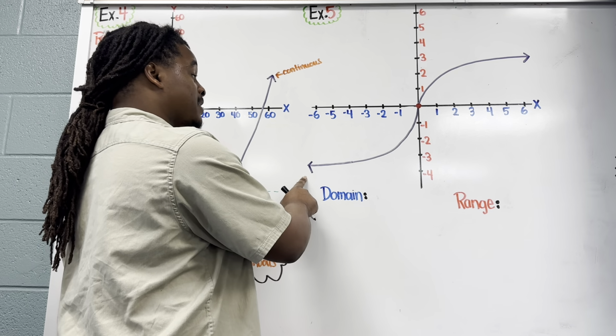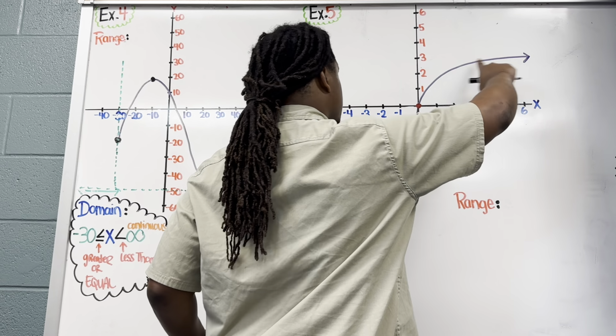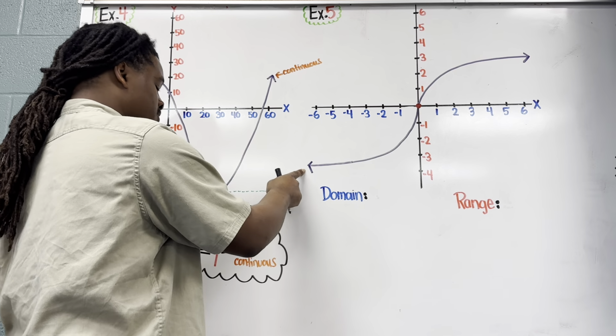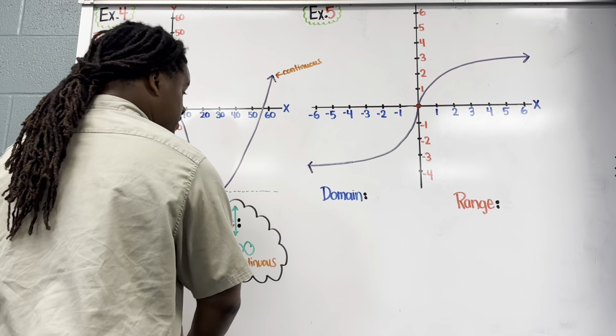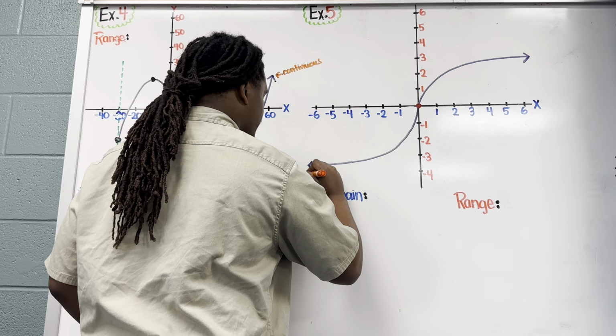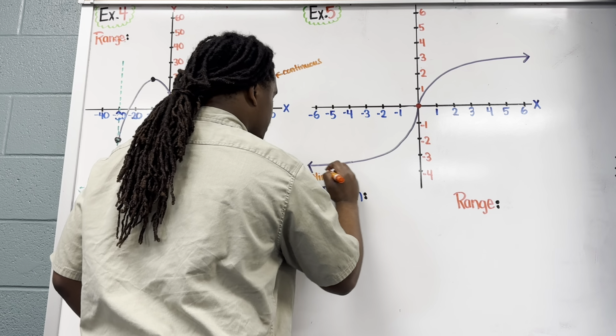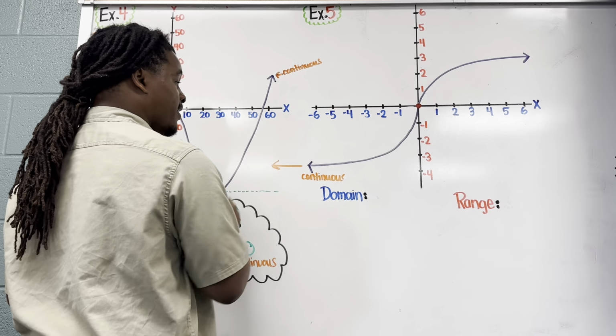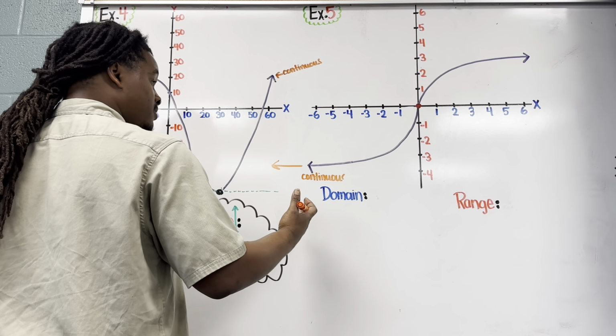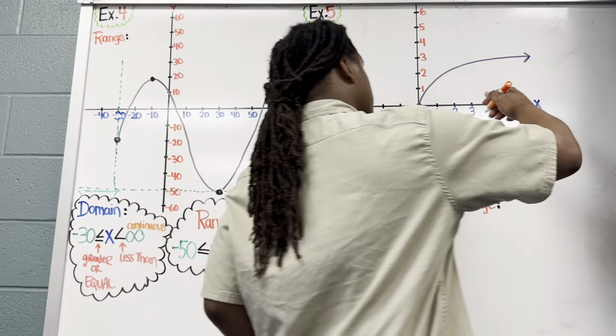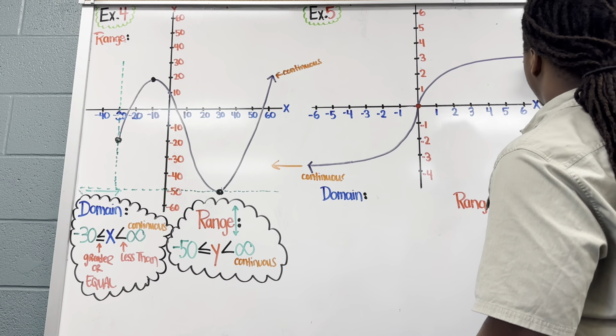Now, if you notice, guys, as we flow through this function, we see those arrows. This arrow over here to the left means that it's continuous, right? So it's going to continue to go this way, okay, and expand to the left. But then also, guys, I see that there's an arrow over here.